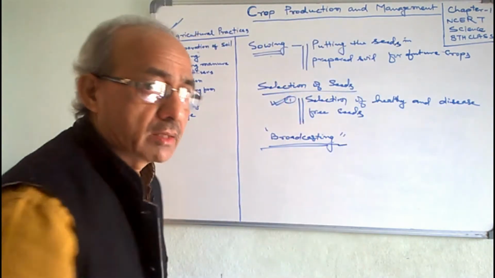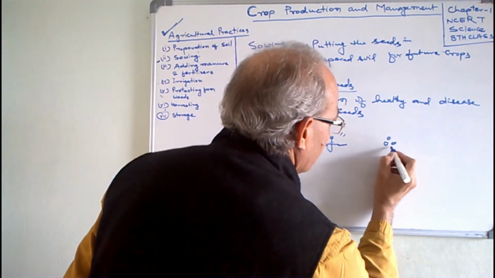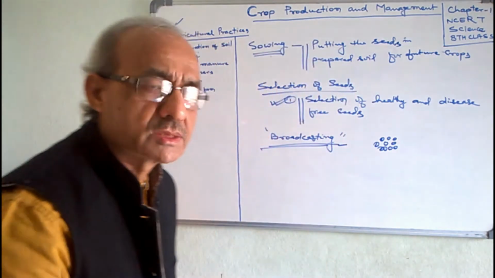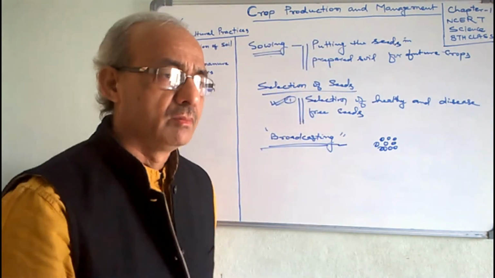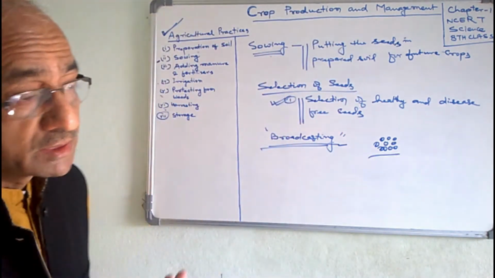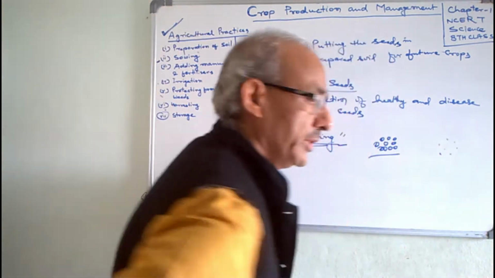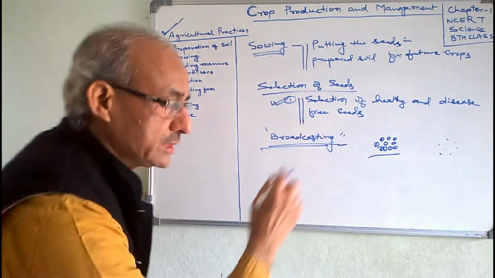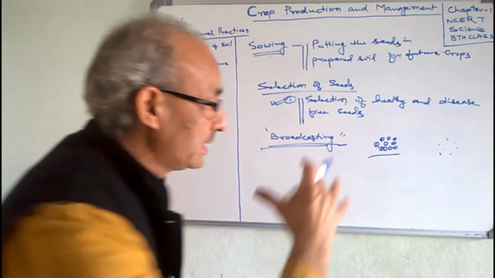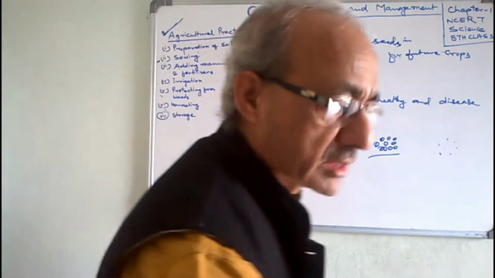So somewhere the seeds fall in large number and somewhere in smaller number. Somewhere the seeds are dense and somewhere they are fewer. Where the seeds fall in larger number, the seedlings grow overcrowded.